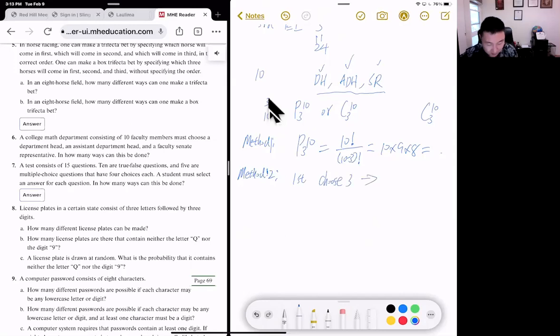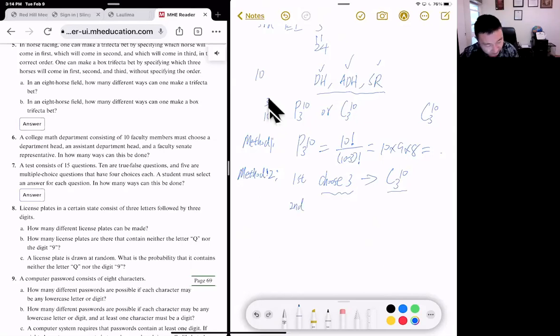How many different ways can we choose 3 from the 10? That's C(10,3), because we just choose 3 professors from the 10 total. And then we are not done yet.